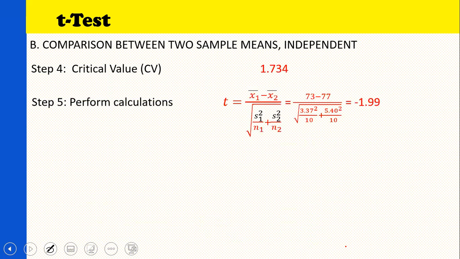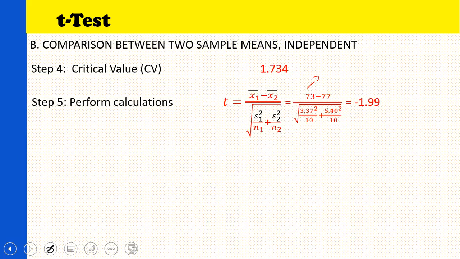The mean of the first minus the mean of the second group, which is represented by the score of the group of Dr. Ruiz and Dr. Cruz, over the square root of the standard deviation of the first group, 3.37 squared, over the number of samples, which is 10, plus 5.40, the standard deviation of the second group, squared, over the number of samples, which is 10.